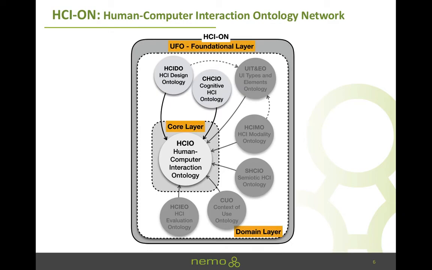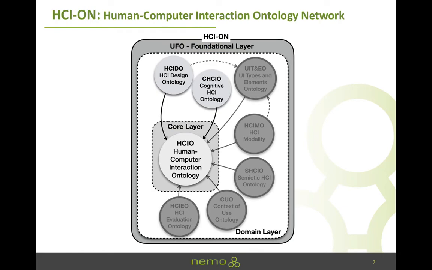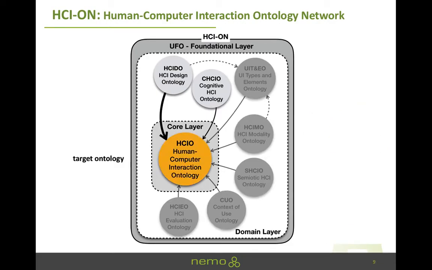As you can see, the ontology network adopts a three-layered architecture, and at the foundational layer we use UFO. Dotted circles represent ontologies under development. Arrows represent the dependence relationship, indicating that the target ontology's concepts are reused by the source ontology.